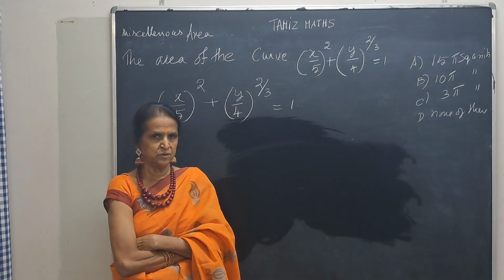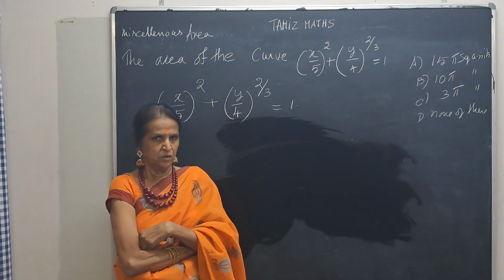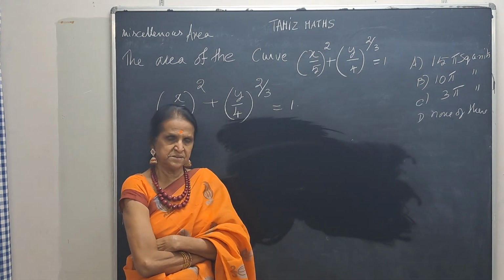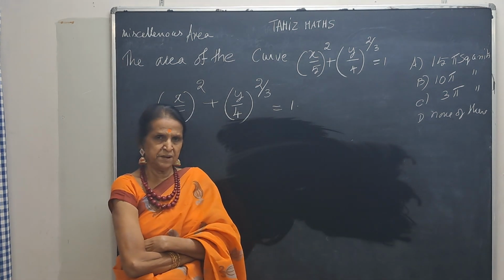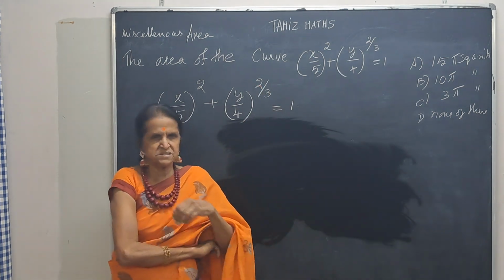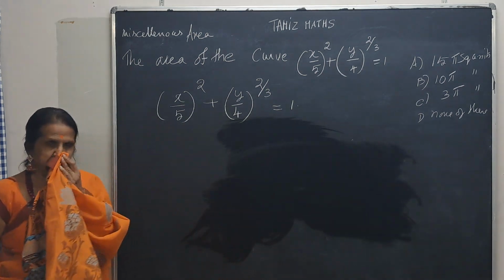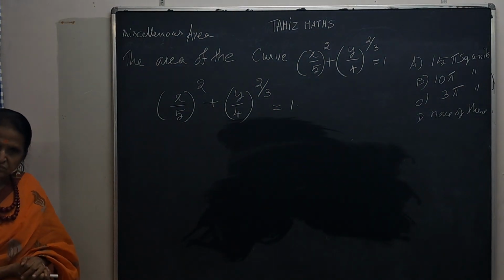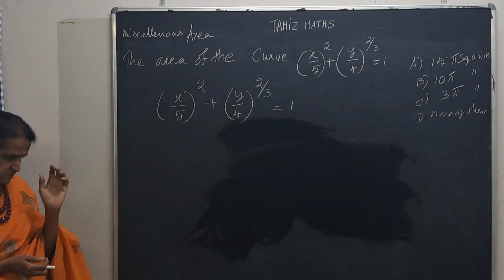It is symmetrical about the x-axis, because there is a power 2 here. So it is symmetrical about both the axes. That means it is spread out in all the 4 quadrants.